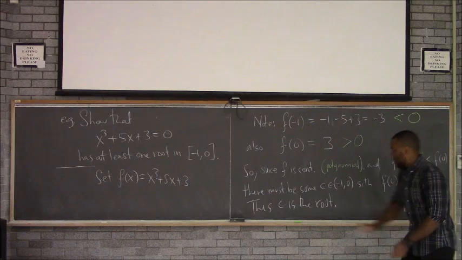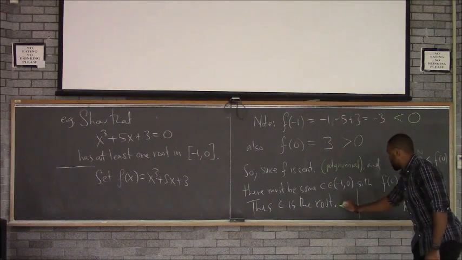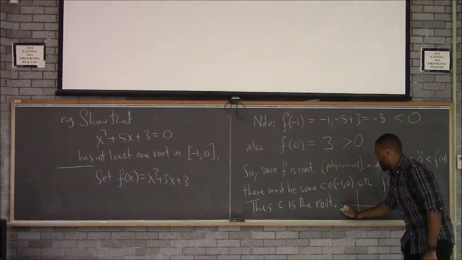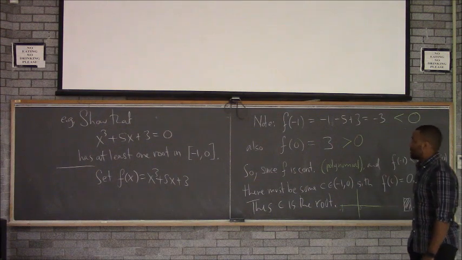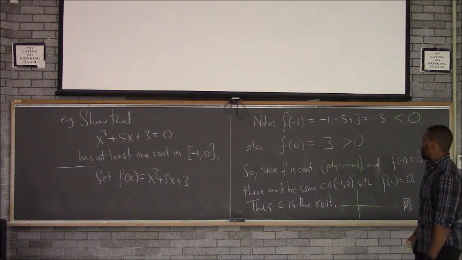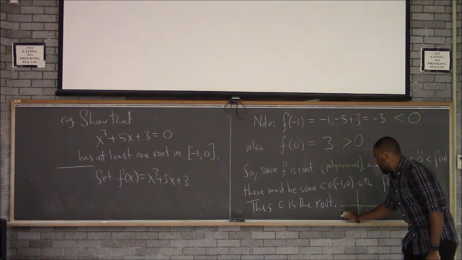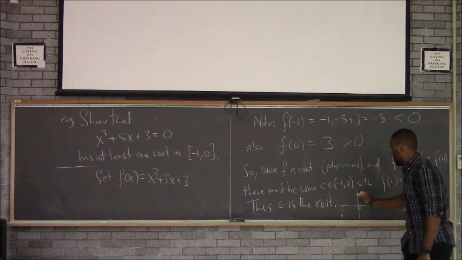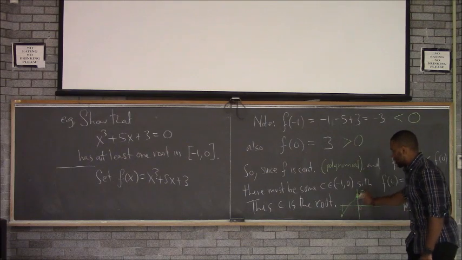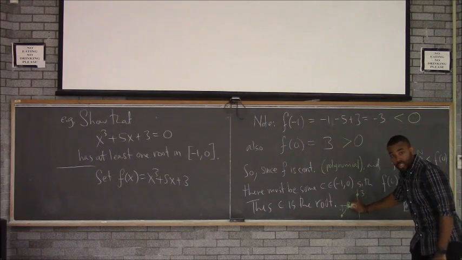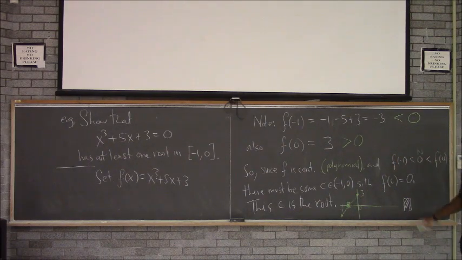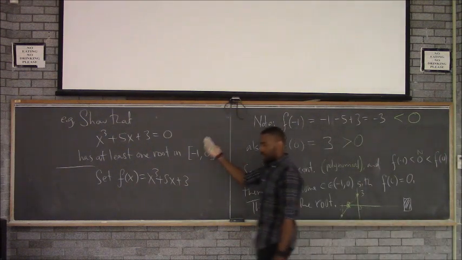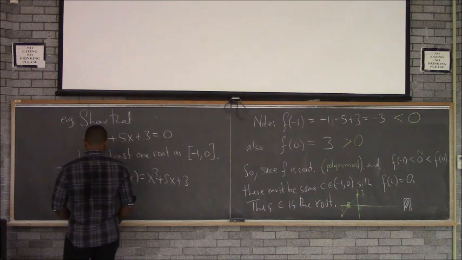So if I look at a little picture here, looking on the window -1 to 0, at -1 we were down here at -3, and at 0 we were up here at 3. It's a continuous function, which means it had to cross 0 at some point. And that x value is going to be your answer. So that means this equation actually has a solution.